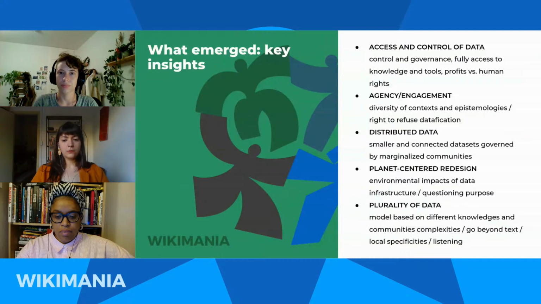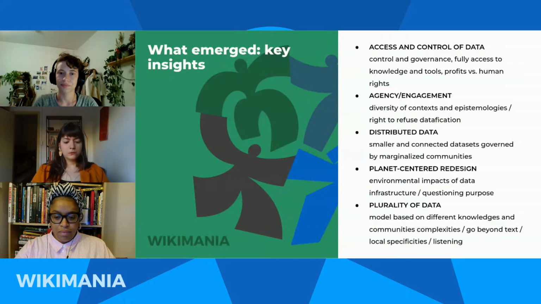Another topic was distributed data as, in a certain way, a smarter solution in opposition to big data. Maybe smaller and connected data sets governed by marginalized communities are a much better solution than a big centralized database.